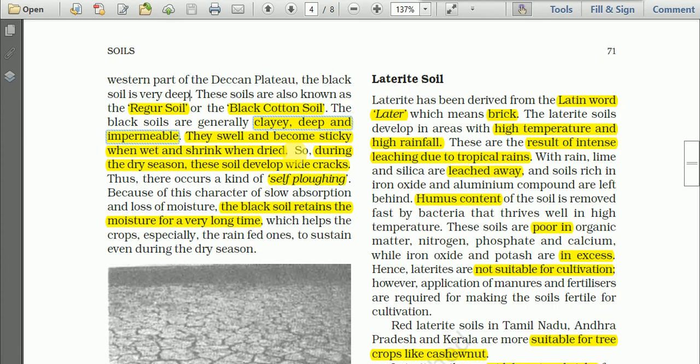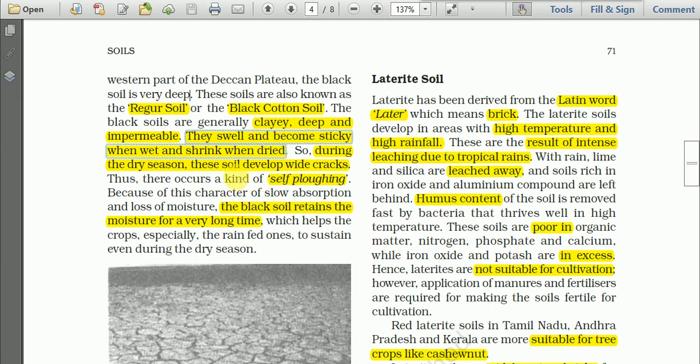Impermeable means water cannot pass through easily, but it can, with difficulty. It takes time to absorb the water, and they swell. These black soils swell and become sticky when wet and shrink when dried. This is another characteristic.